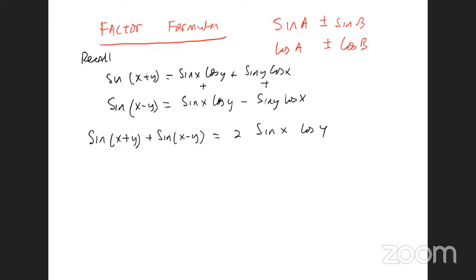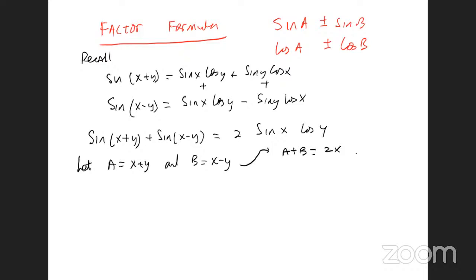Remember, I want to get a formula for sine A plus B. So if I let A equal to x plus y and B equal to x minus y, then watch this here. Suppose I add A and B. I'll get 2x. If I add A and B, the y's will cancel, and I'll get 2x.